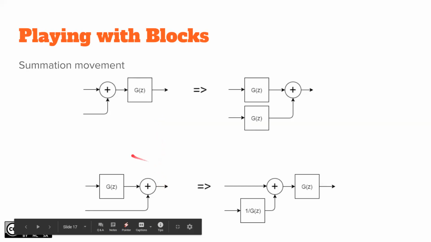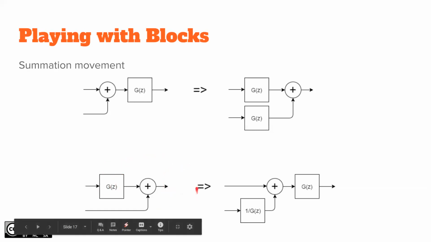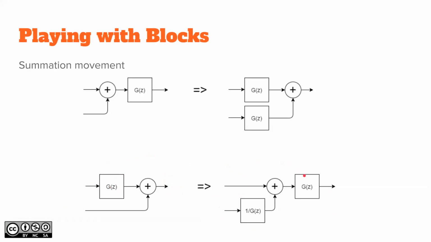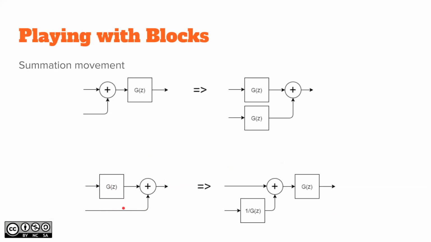Okay, sometimes you need to move the transfer function after a summation. Mathematically, it means that you move it to the other side, and then on the other branch you have GC divided by GC, which is transfer function 1.